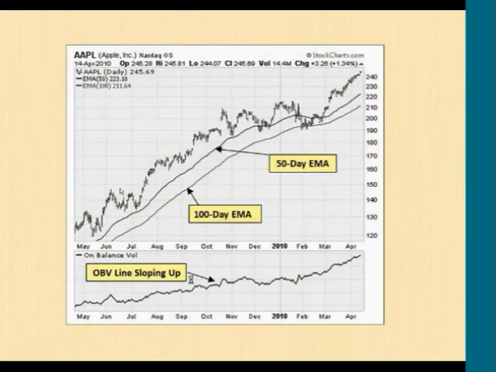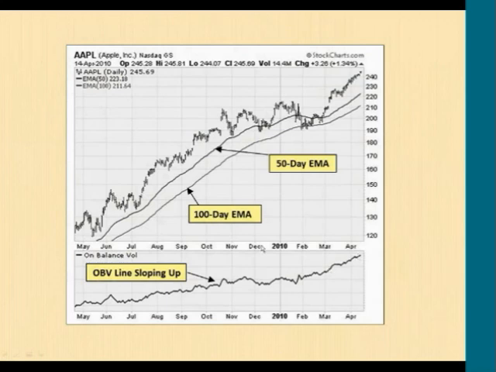So here's another price chart of Apple, daily price movement here. We can see that the 50-day EMA is above the 100-day EMA. So if we want to confirm this price uptrend, we could look at the OBV line, the on-balance volume line, which is in this lower chart. And the numerical value of the OBV line is not that important. We simply want to see this line trending up.